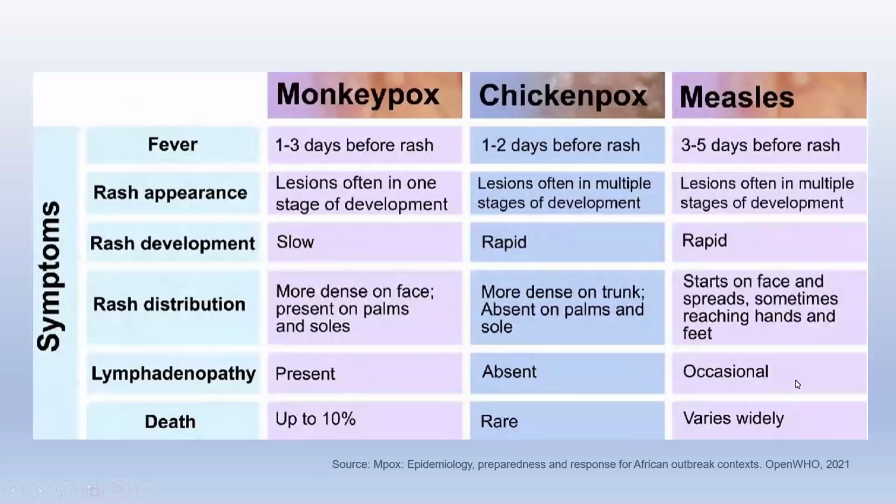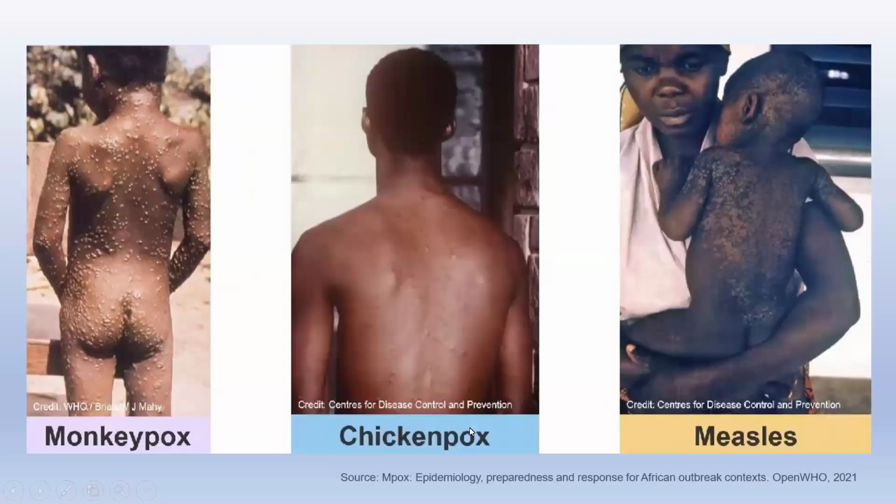Absent in chickenpox, may be present in measles. Death up to 10%, as you have seen, especially in children and immunocompromised. Not so common in chickenpox, and it varies in measles. We've seen the Mpox rash. Chickenpox rash tends to be more vesicular, and in measles, it's more of a maculopapular rash.